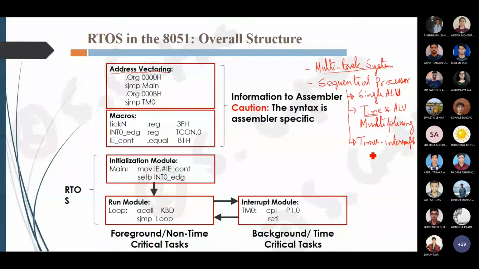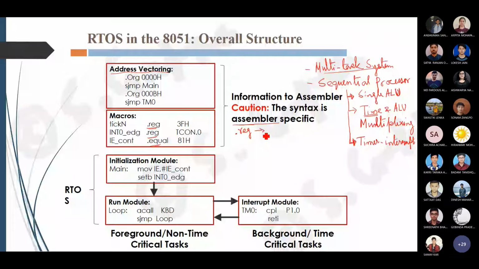So we have the address vectoring part, and then we have macros like say tcn, reg. So this reg or this equal varies with the assembler. If you are using the Proteus assembler, this reg we have already seen is replaced by EQ, and equal is also replaced by EQ.